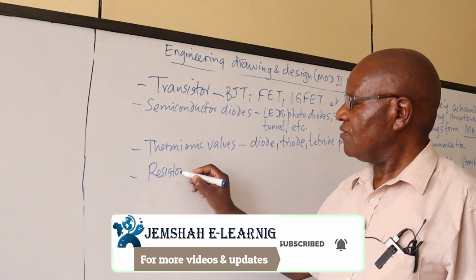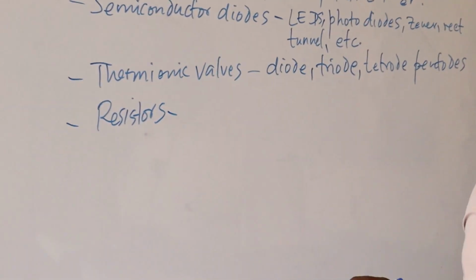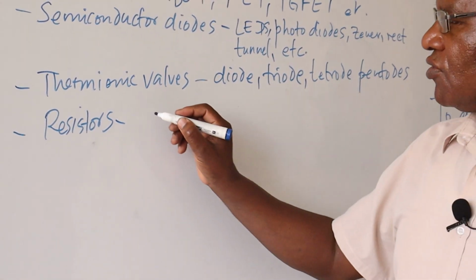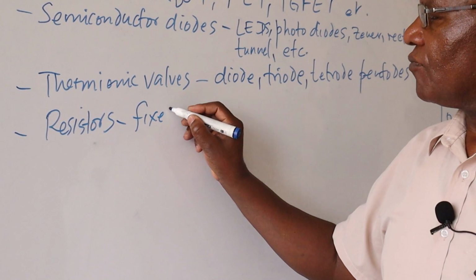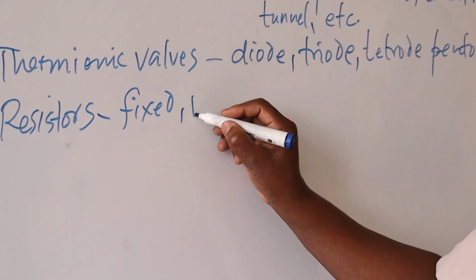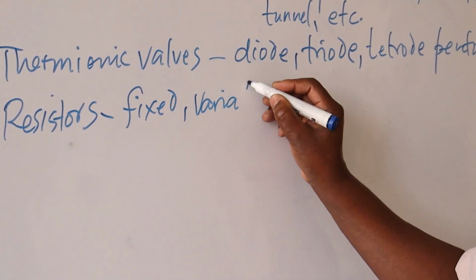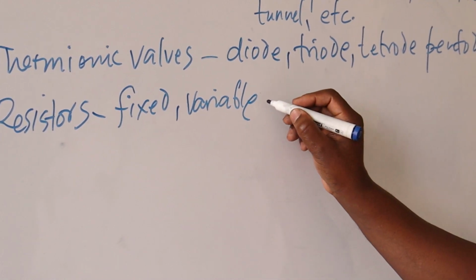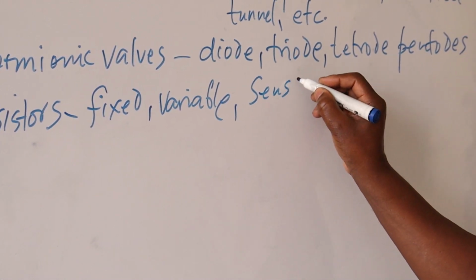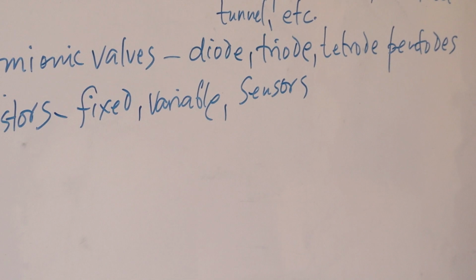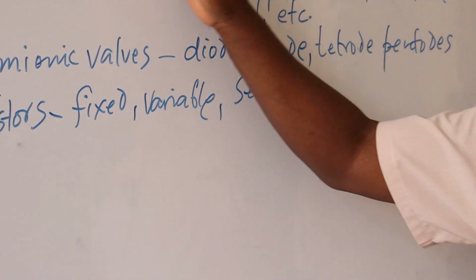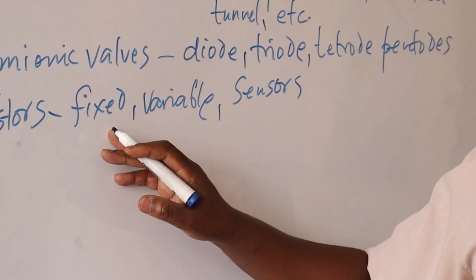I think the standard for the resistance has been changing for a while. Now these ones we have got the fixed type, variable, and you have got those ones which are sensors. In our diagrams, for a fixed resistor, you need to know the type.